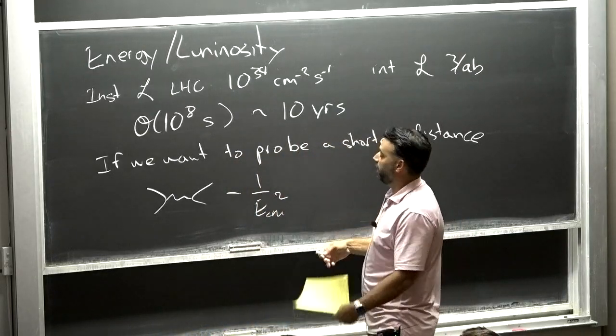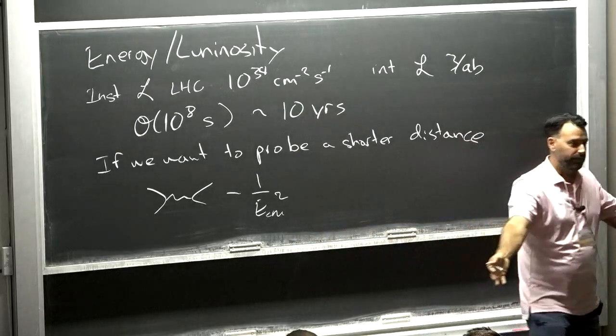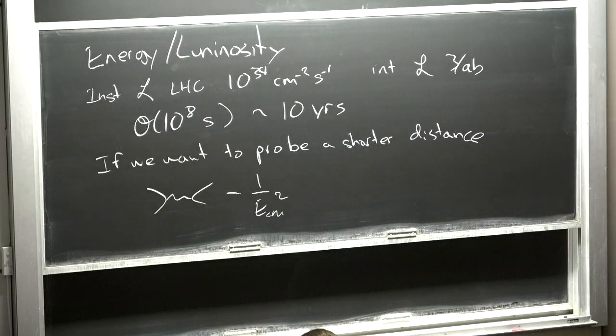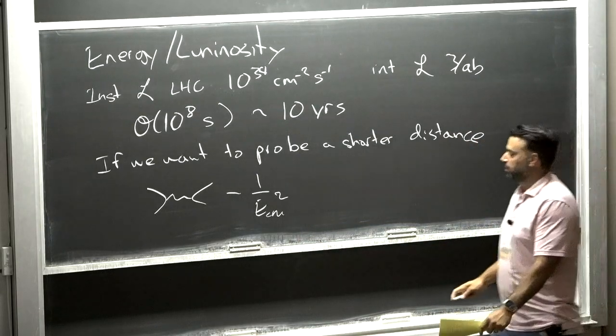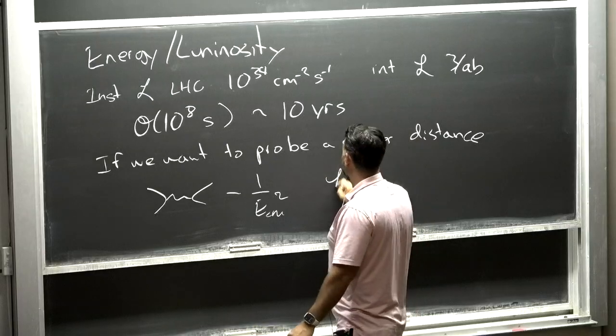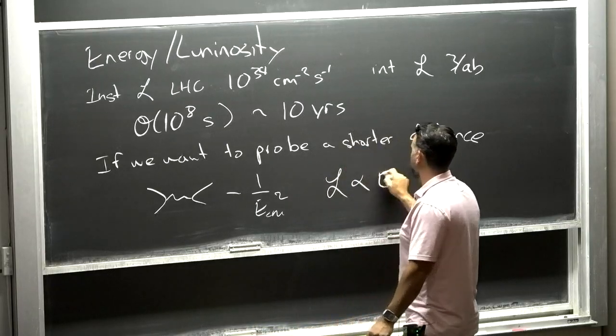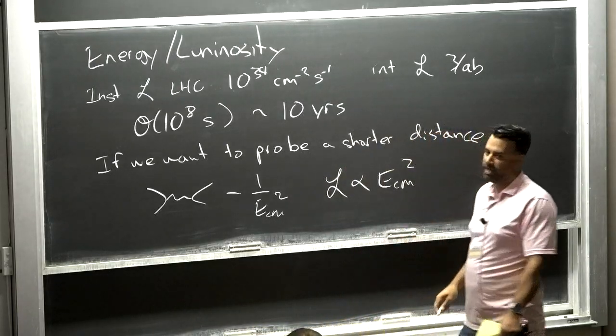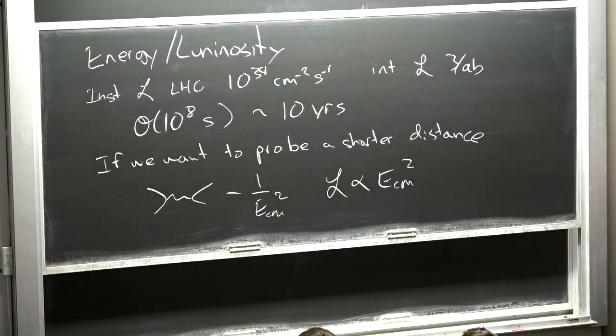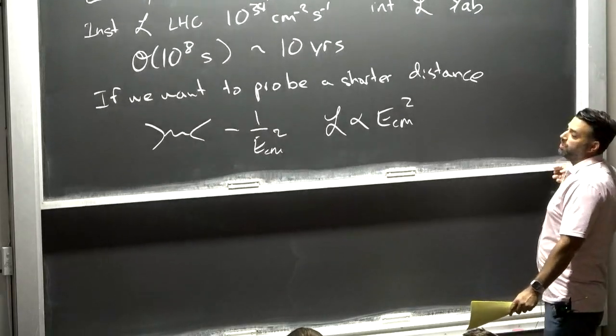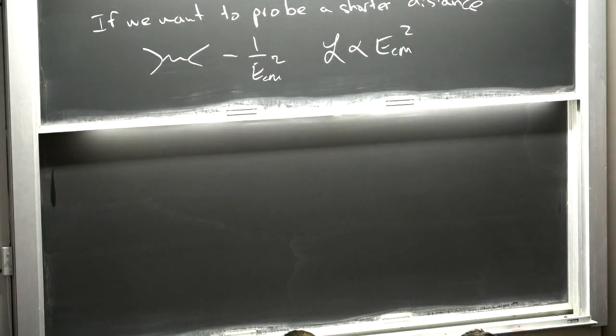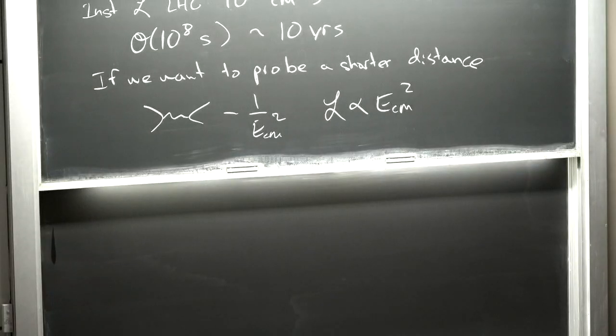So naively, if you were able to build a powerful collider up to arbitrary energies, up to the Planck scale, the problem is that you also want your luminosity to scale as the center of mass energy squared. So this is a fundamental problem, and the question is, even if you could accelerate particles to higher energy, can you keep scaling with the number of particles, the flux of particles that you can collide?